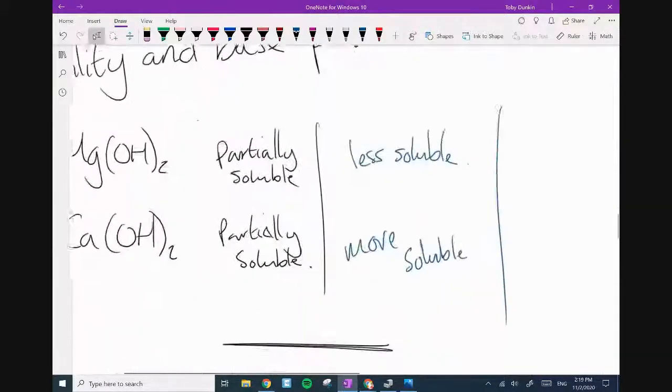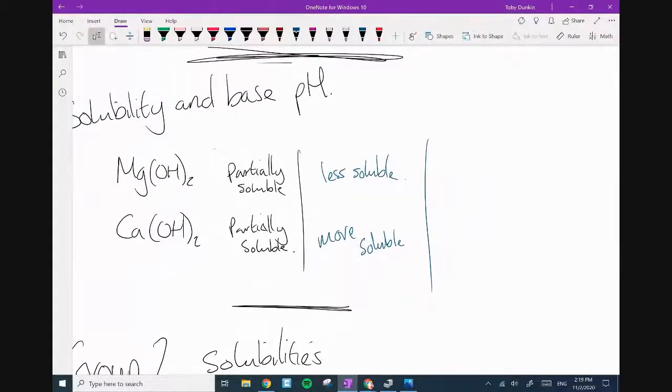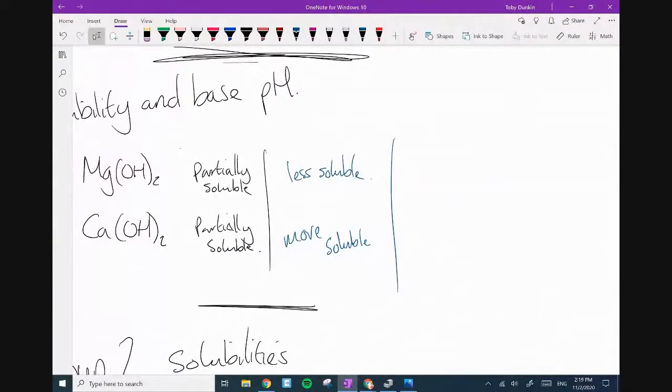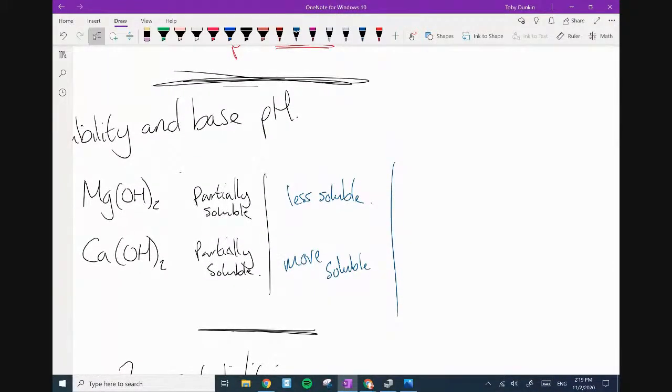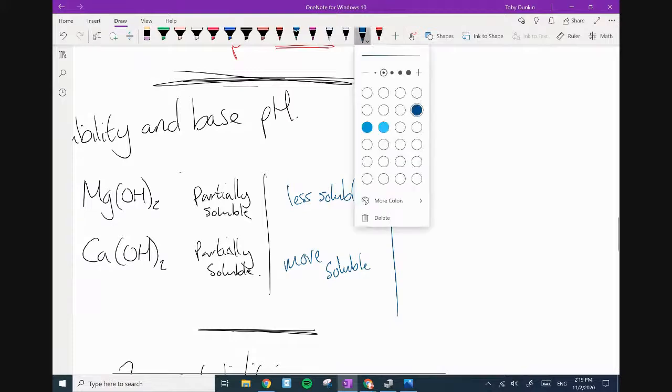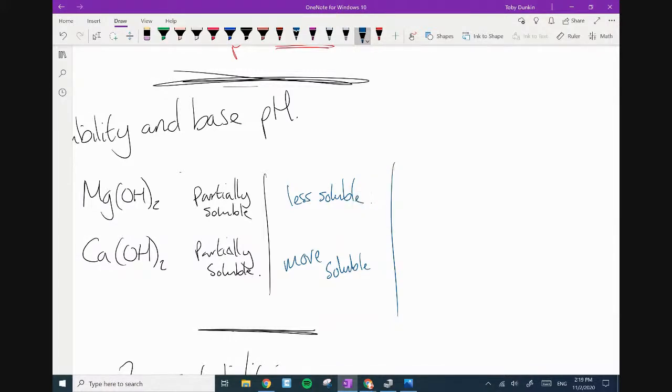Okay, so since we now know their solubilities, what we can now do is make some predictions about them. Prediction: 1 mole per dm cubed, pH.